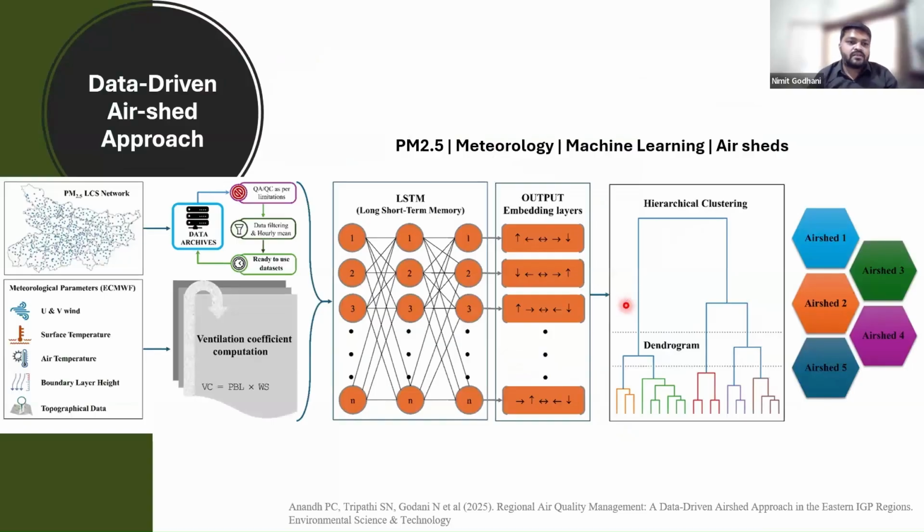From this outcome, we have defined a data-driven airshed, micro and macro airshed, using PM2.5 data, meteorology, and machine learning. This is our local sensor data, along with meteorological data from a grid, other topographical data, boundary layer, air temperature, surface temperature, and everything.